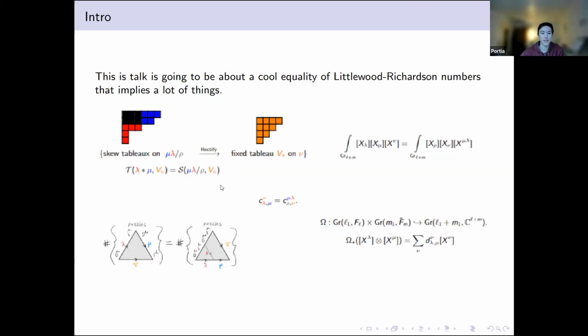Basically, the moral of the story was that I was plagued by this one and this one. This is in Schubert calculus, intersection theory, cohomology stuff. And this is also kind of that. And then I was trying to figure out those versions of this same thing, and also with puzzles. I do stuff with puzzles too.